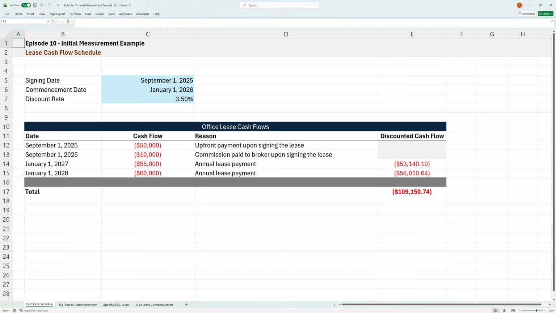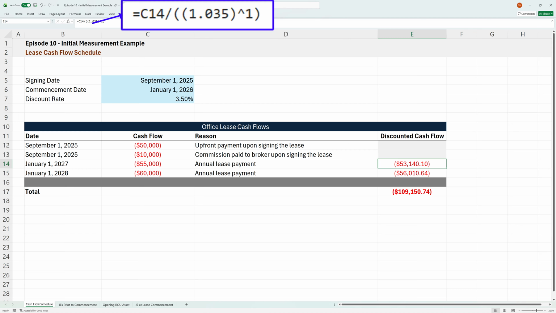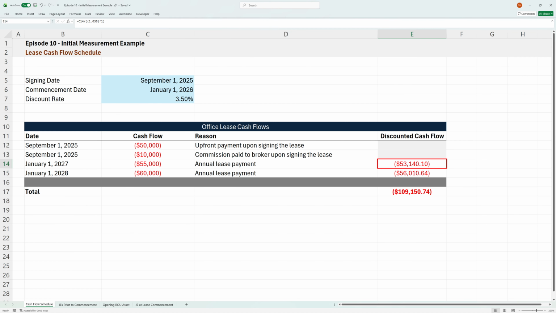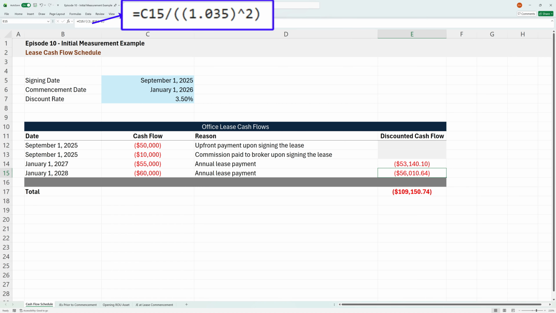So we discount our $55,000 payment for 1 year at 3.5%, that is $55,000 divided by 1.035, which gives us a present value of $53,140. Next, we need to discount the $60,000 payment, but that payment occurs in 2 years. So we discount it for 2 years by dividing $60,000 by 1.035 squared.